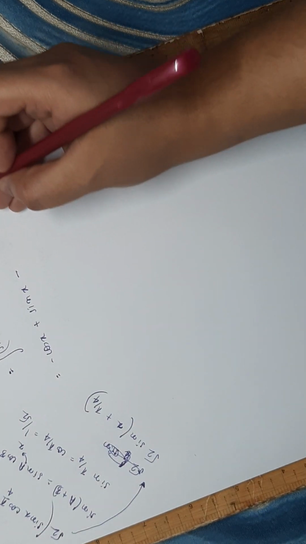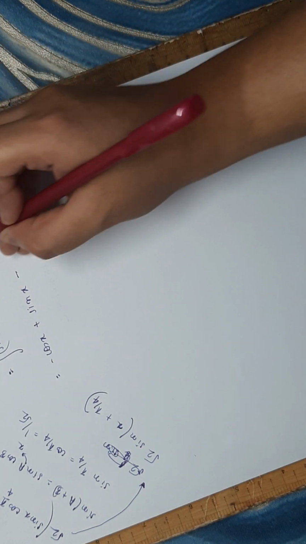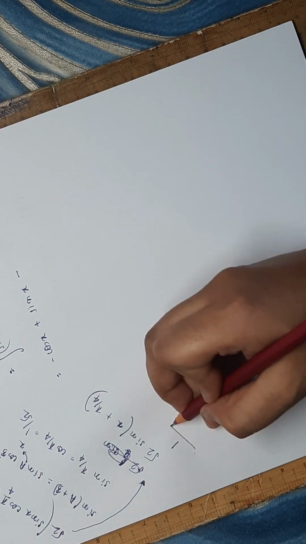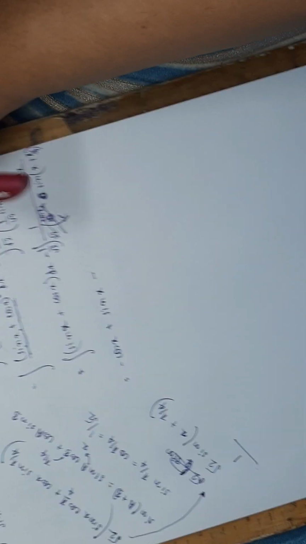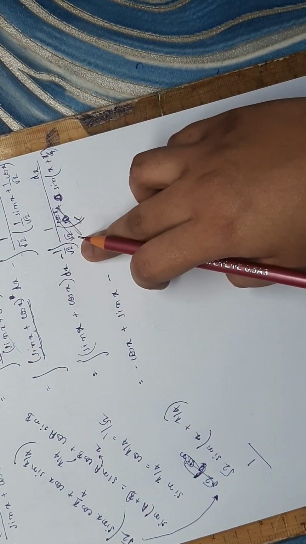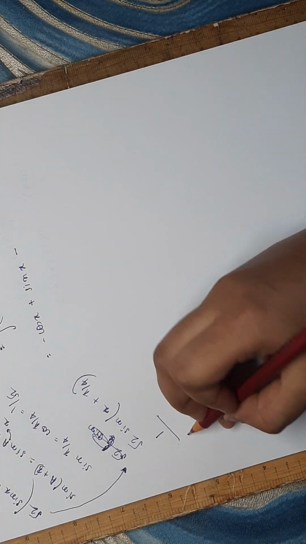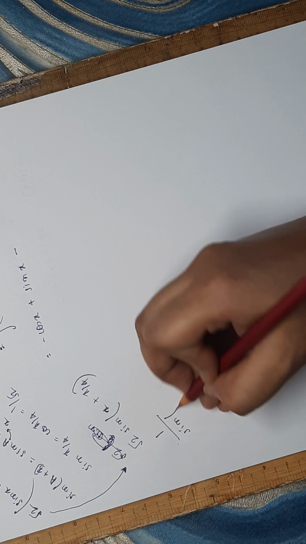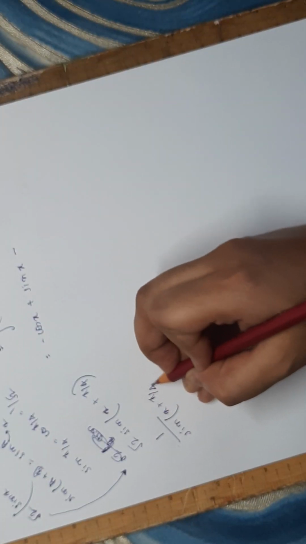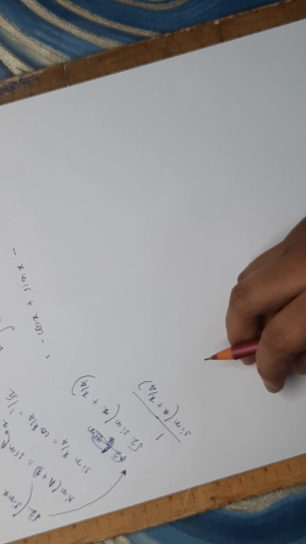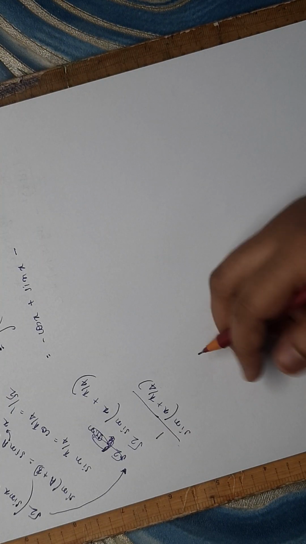You have this root 2 here, right? Try to bring this root 2 out of the integration sign. So you are actually left with 1 by sine of x plus pi by 4 inside of the integration sign, right?